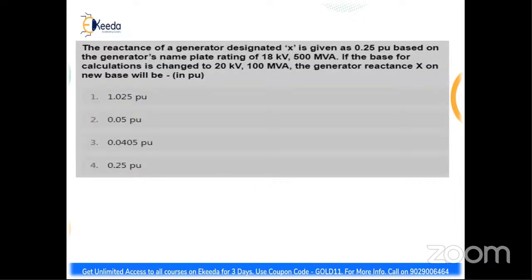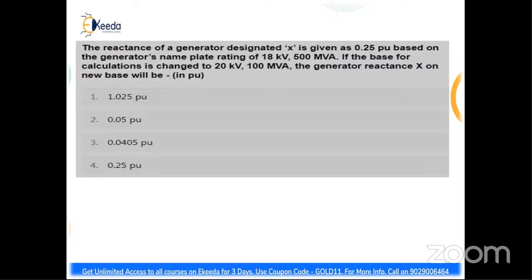Moving on to the next problem, that is the reactance of a generator. The reactance of a generator designated X is given as 0.25 pu based on the generator's nameplate rating of 18 kV 500 MVA.